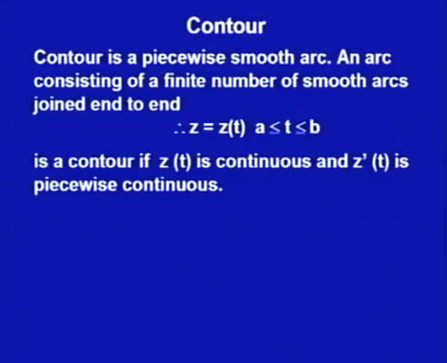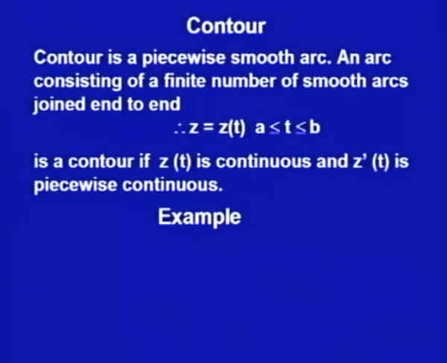So here we say that piecewise smooth means z(t) is continuous and z'(t) is also piecewise continuous, and its derivative z'(t) is not 0 at any point on the interval a to b.